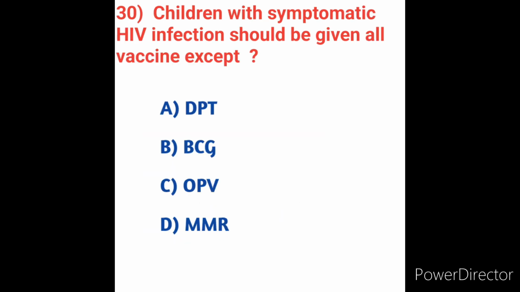Children with symptomatic HIV infection should be given all vaccines except. So here the child is symptomatic for HIV infection. The options: option A DPT, option B BCG, option C OPV, option D MMR.